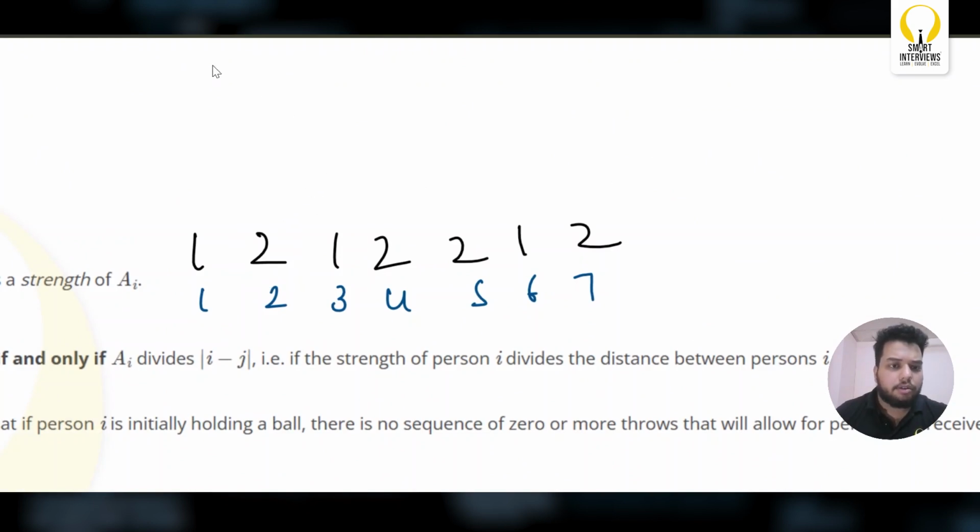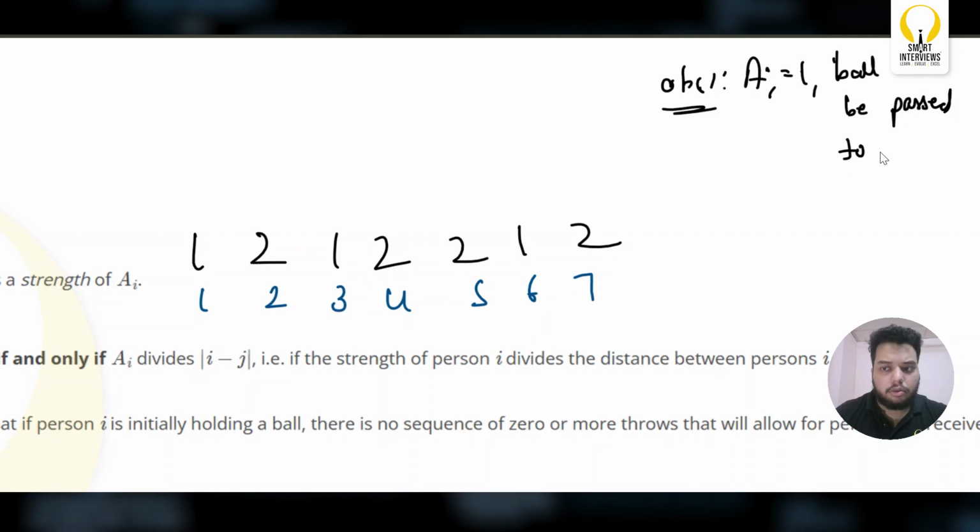Some observations you can make is, if a of I is equal to 1, the ball can be passed to anyone.